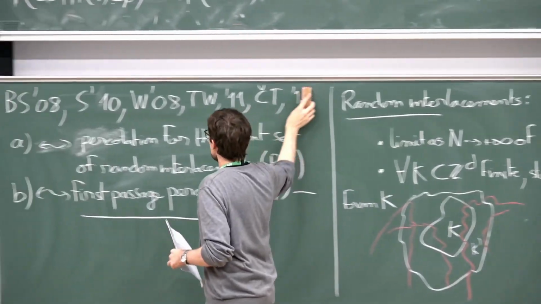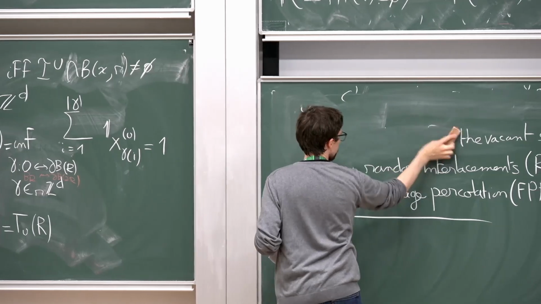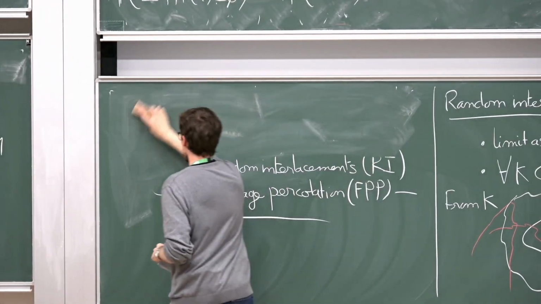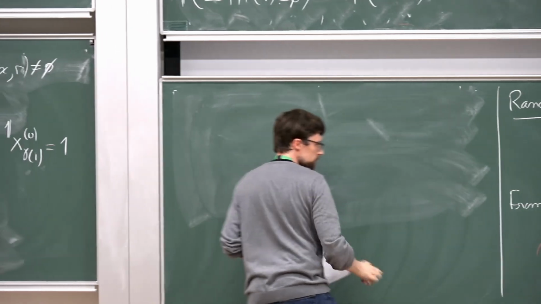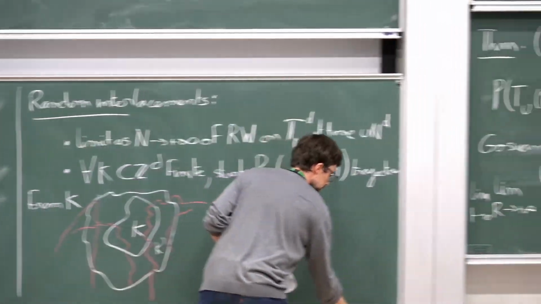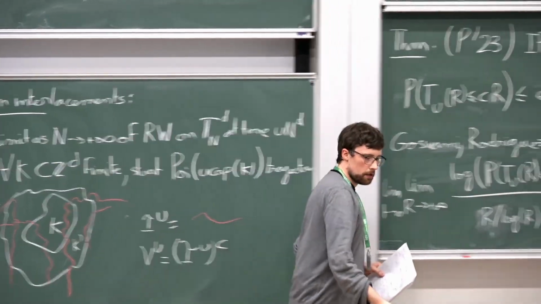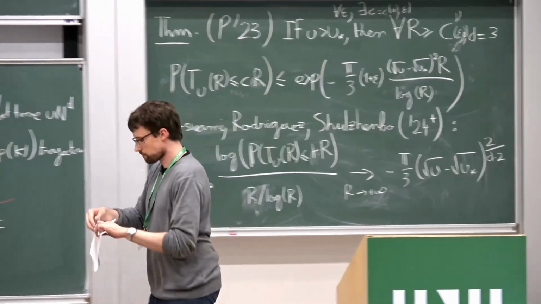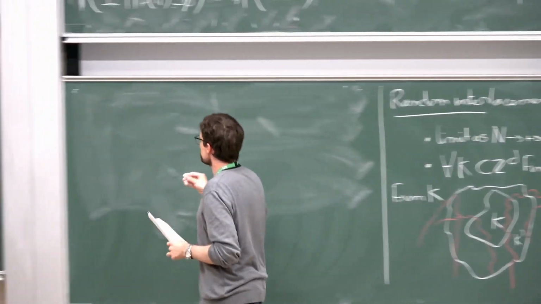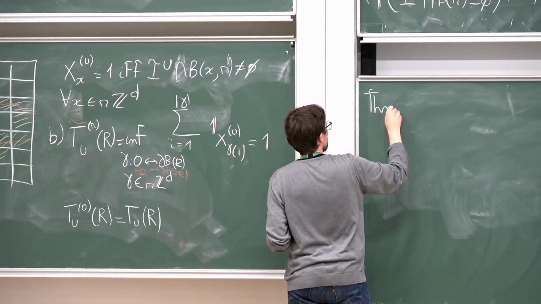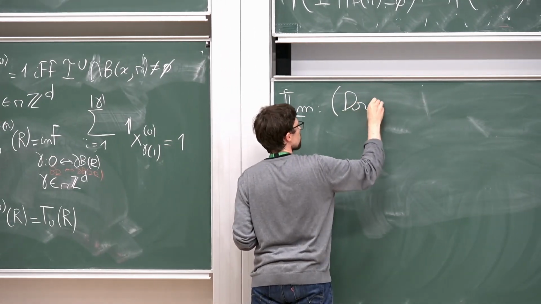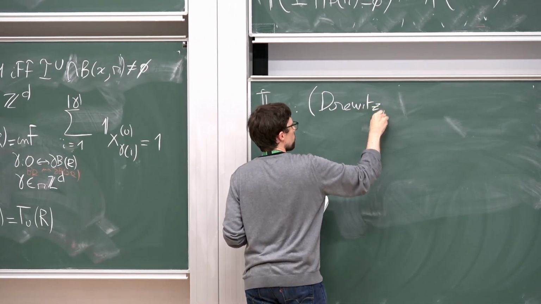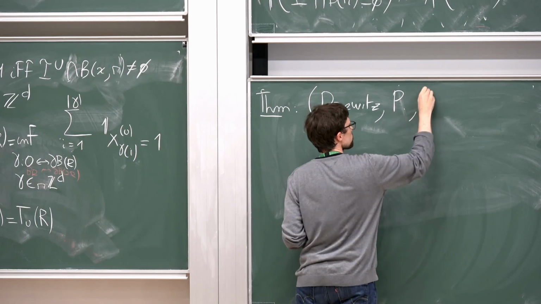But let me just mention the results that you can obtain using this first passage percolation result for random interlacement and using the isomorphism theorem between interlacements and the Gaussian free field. So this is joint work with Alexander Prévost and Pierre-François Rodriguez.